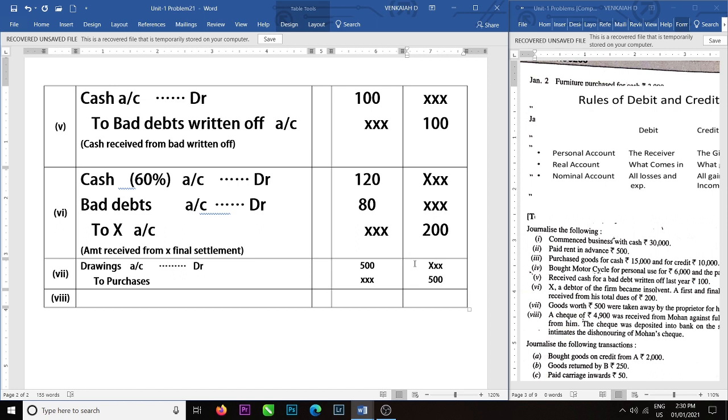Check of 4,900 received from Mohan against full settlement from him.